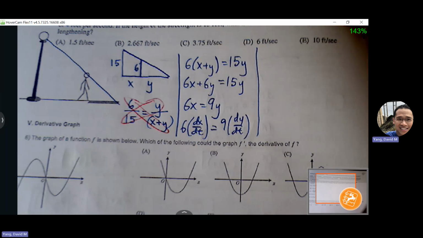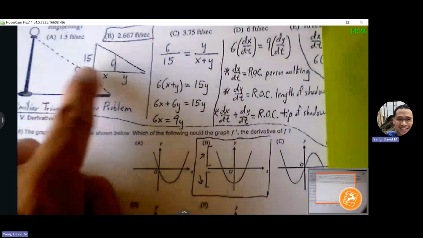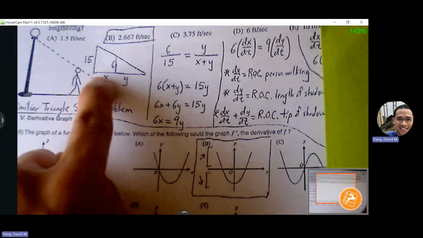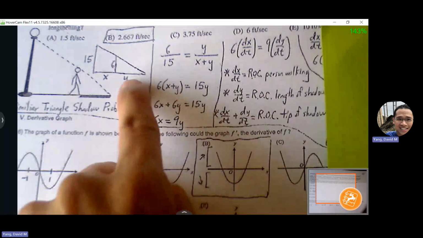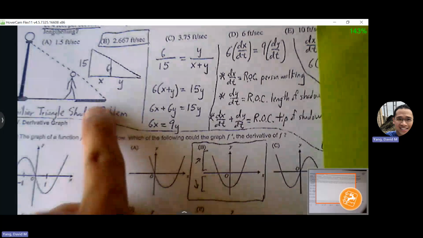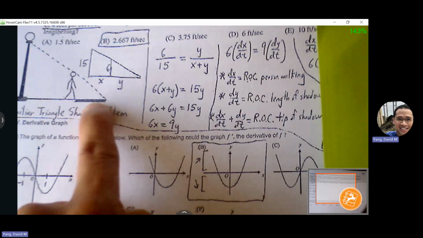Okay, let me define some of these variables for us. So dx dt is representing the rate that the person is walking away or towards the lamppost. So it's the rate of change of the person walking. dy dt is the rate of change of the length of the shadow. So if you look at that bold portion there, that's y, that's the length of the shadow.